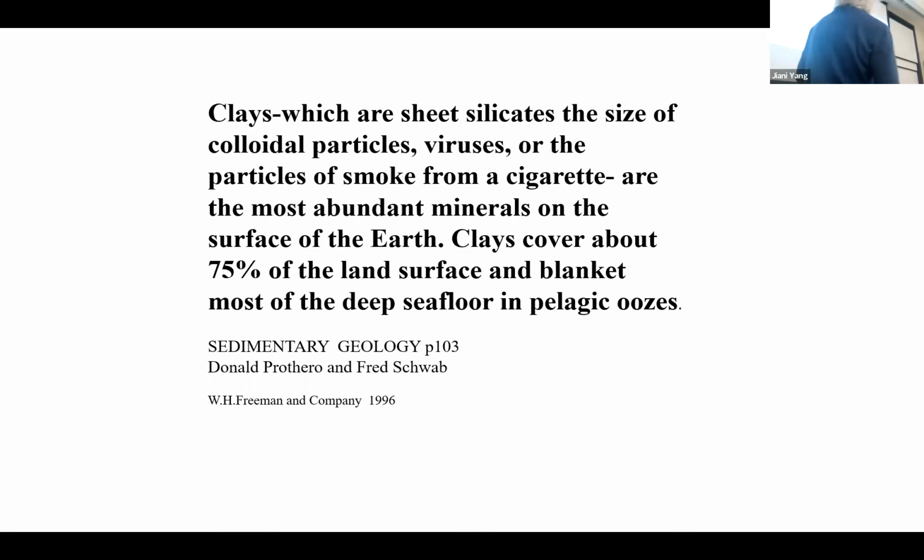Clays, which are sheet silicates the size of colloidal particles, viruses, or the particles of smoke from a cigarette, are the most abundant minerals on the surface of the Earth. Clays cover about 75% of the land surface and blanket most of the deep seafloor in pelagic oozes.